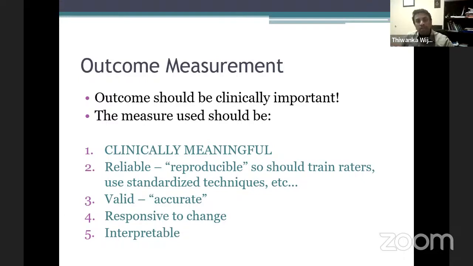Your outcome should be reliable, in other words, reproducible each time you do it. And even if multiple people do it, there should be reliability and reproducibility. It should be accurate, and it should be responsive to change. So if you're doing an intervention, let's say a blood pressure medication, that should change based on the intervention that you do, and it should be interpretable.